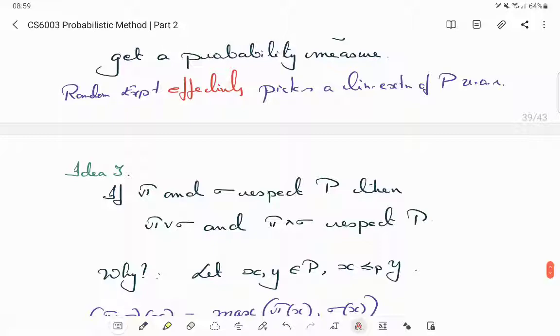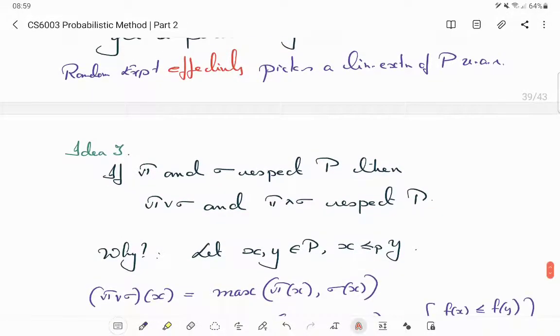Now comes the third idea. We have to now verify the premise of the FKG inequality, but for this function mu, which has to be log supermodular. But we know that if pi and sigma respect p, remember, these are functions, not permutations, then one can easily verify that both the join of pi and sigma as well as the meet of pi and sigma will also respect p.